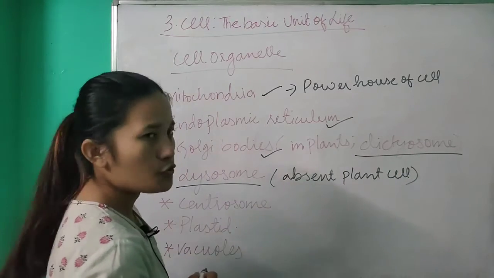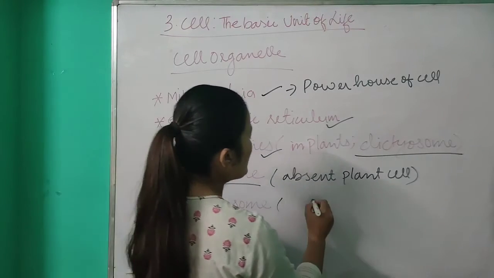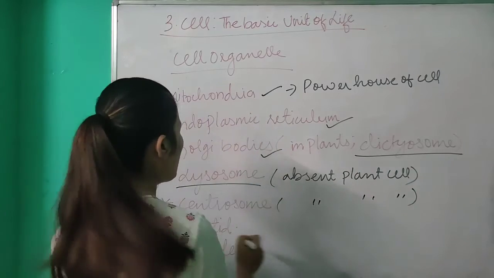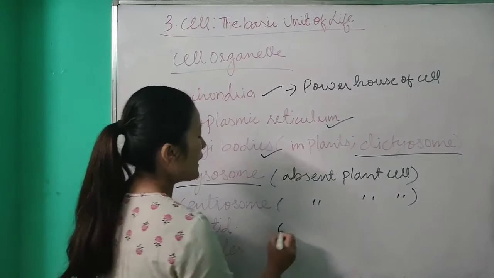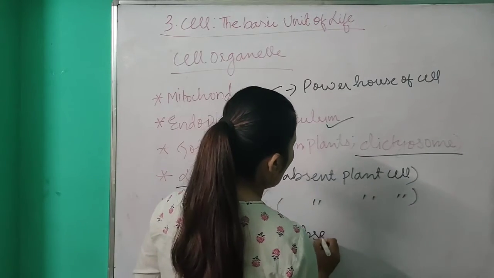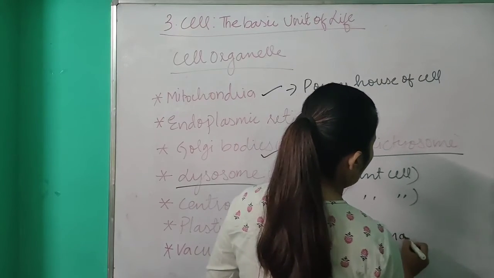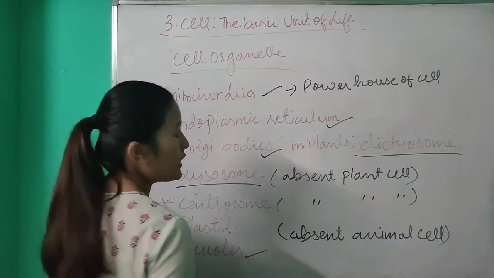Then you have centrosome. Centrosome is present in animal cell. It is absent in plant cell. And you have plastid. Plastid is present in plant cell but absent in animal cell. Then you have vacuoles.